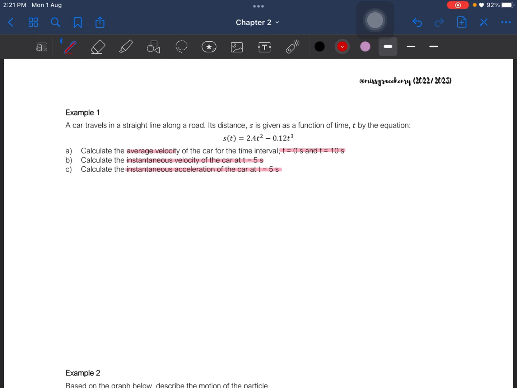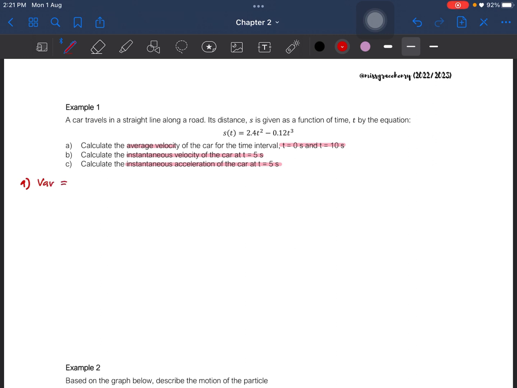So we know that the average velocity is equal to delta S over delta T. The final time is equal to 10 and the initial time is equal to 0 seconds. And we know that the initial distance is also equal to 0, and we need to find the final distance.